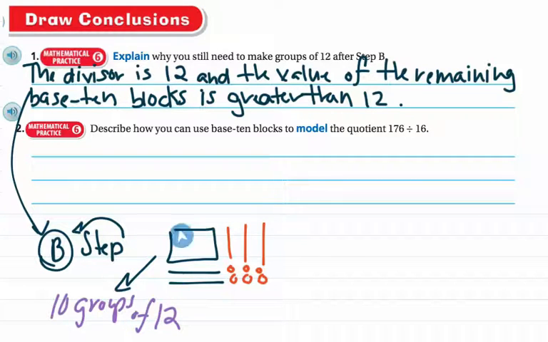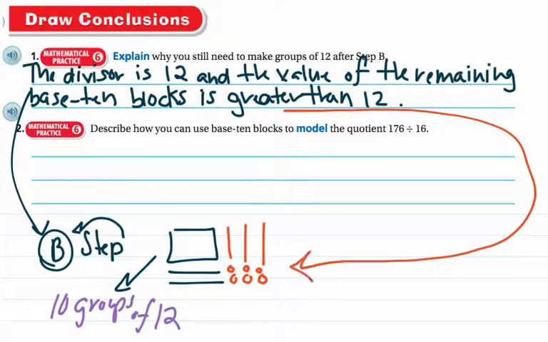So we have 1, 2, 3, 4, 5, 6, 7, 8, 9, 10 groups of 12. The divisor is 12, right? Because that's what we made our groups into, groups of 12. The value of the remaining base 10 blocks is greater than 12. So if you look down here in orange, you see that this remainder, or the remaining base 10 blocks, are greater than 12. So that's why we still need to make groups of 12 after step B when we made our rectangle in navy blue.